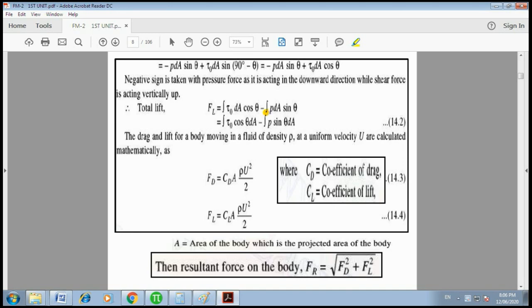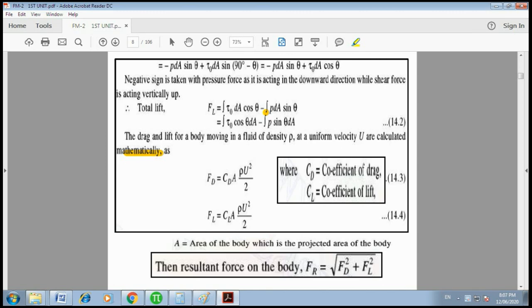Okay, the drag and the lift for a body moving in a fluid of density rho at uniform velocity U are calculated mathematically by these formulas. FD is equal to CD into A into rho U square divided by 2, where A is the projected area, rho is density, and U is the velocity of the flow.